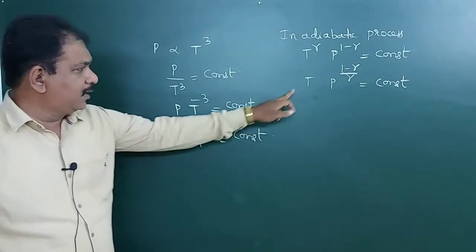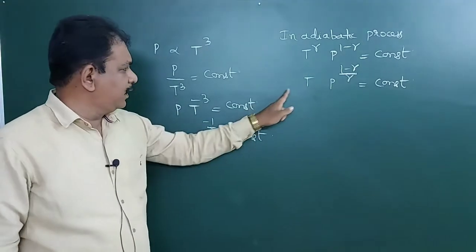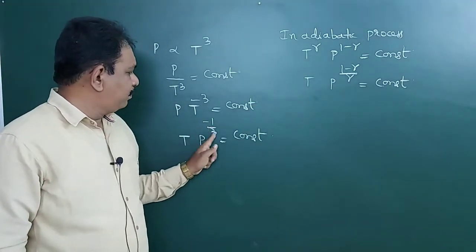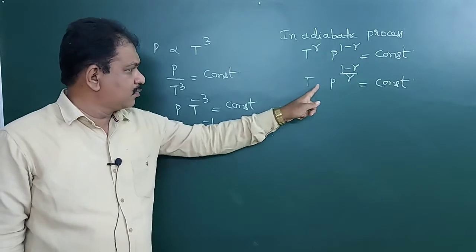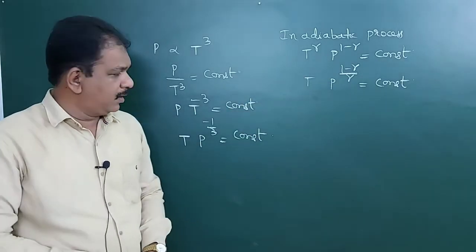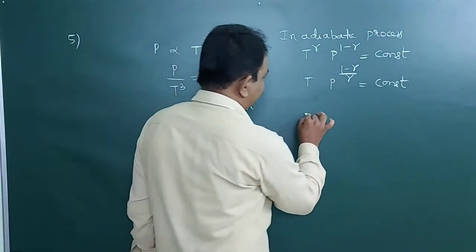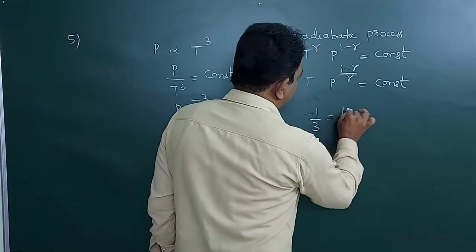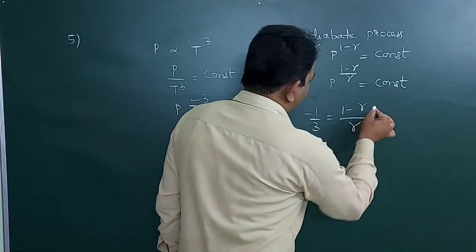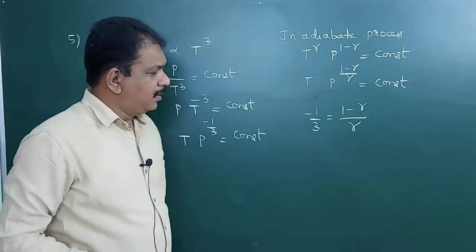If we compare these two equations, T is there in both places. Here P power minus 1 by 3, and there P power 1 minus gamma by gamma. So minus 1 by 3 is equal to 1 minus gamma by gamma.